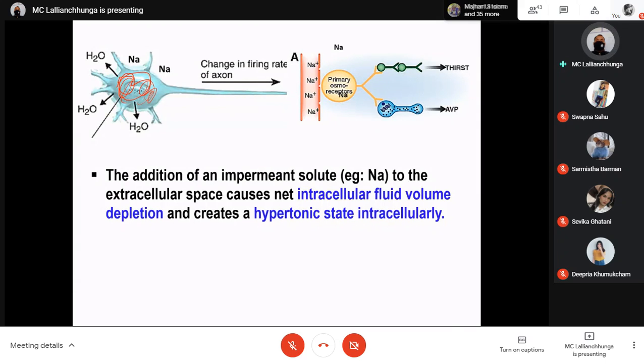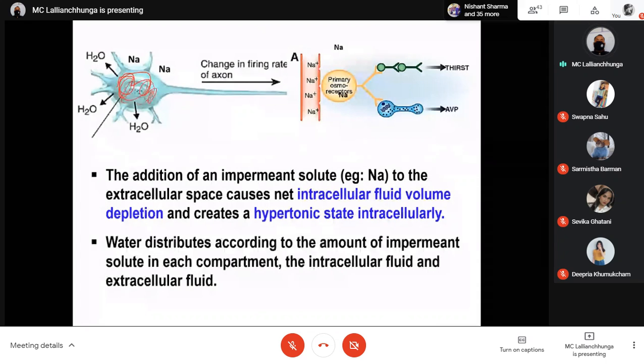So a hypertonic state may also develop inside the cell. We all know that water distributes according to the amount of impermeant solute in its compartment, the intracellular fluid and extracellular fluid.